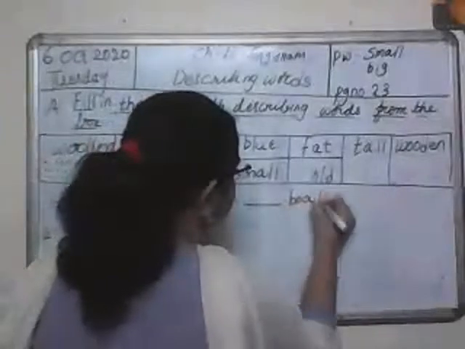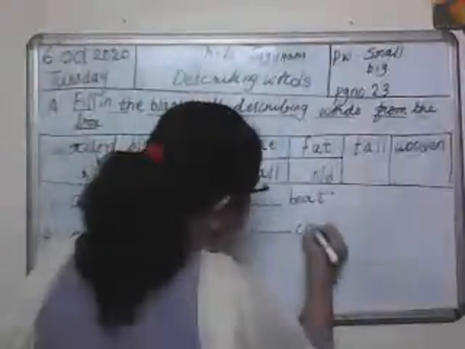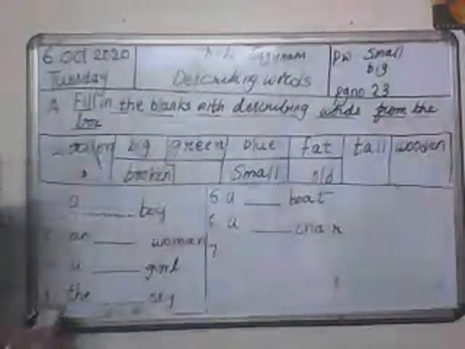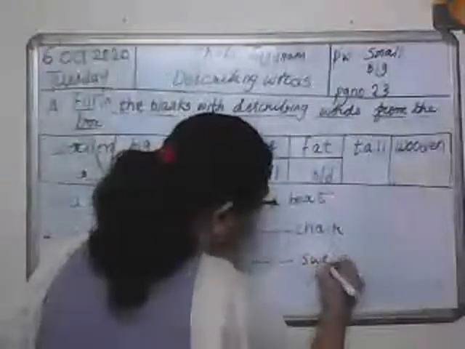Number 5, a dash boat. Number 6, a dash chair. Then number 7, a dash sweater.